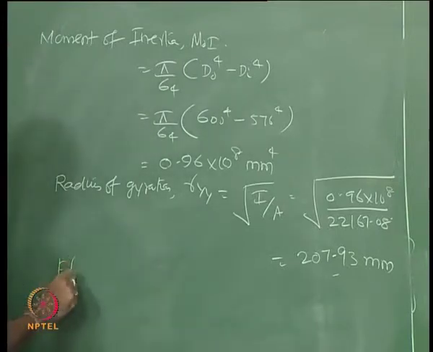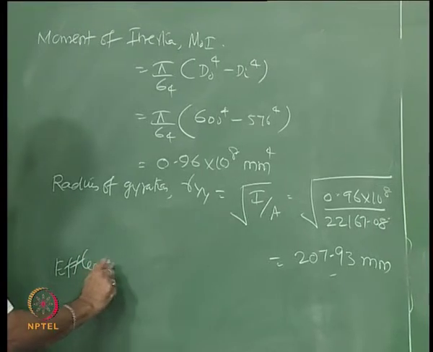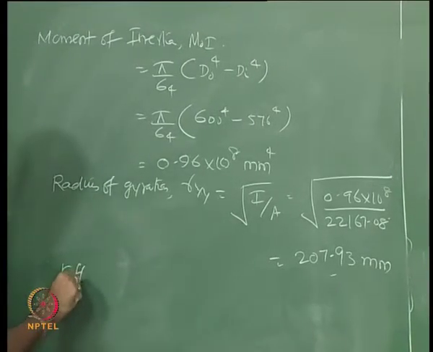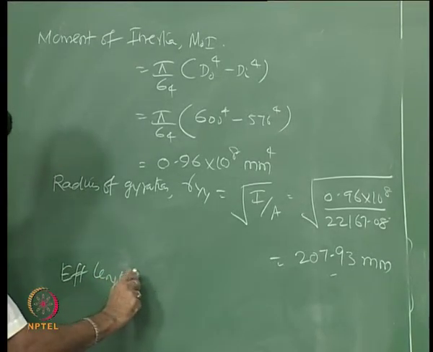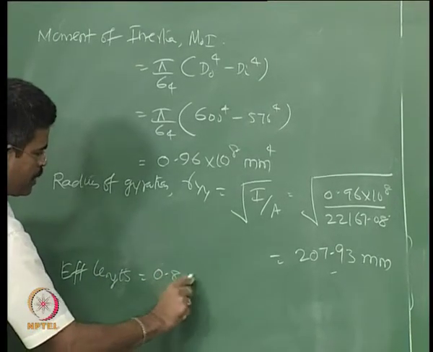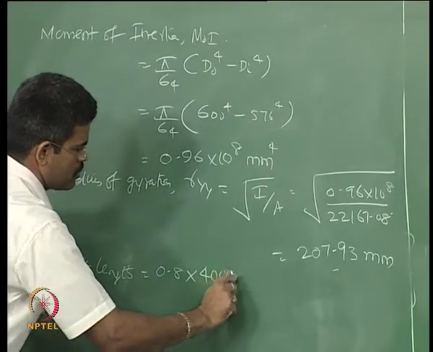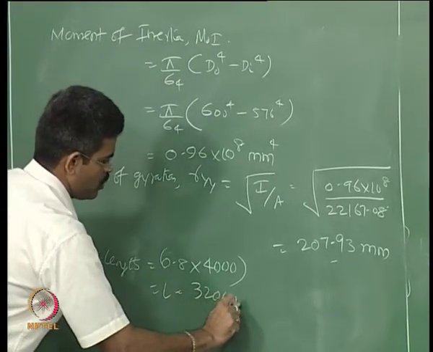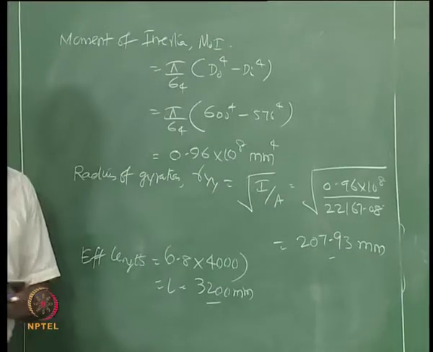Now the effective length of the member is going to be 0.8 of 4000, which I call L, as 3200 millimeters.